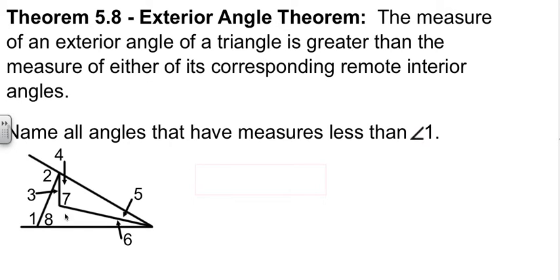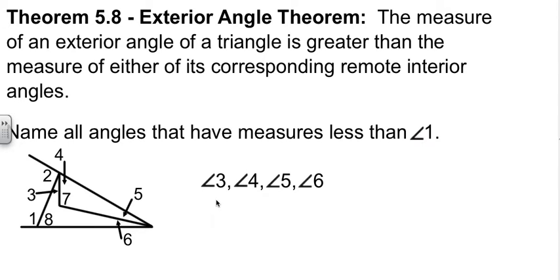Well, angle 1 down here is an exterior angle for this triangle. So 1 is definitely bigger than either of 3 and 4, and also any of 5 and 6. 3 and 4 together make a remote interior, so 1 is bigger than both of them. 1 is also bigger than these remote interior, 5 and 6.